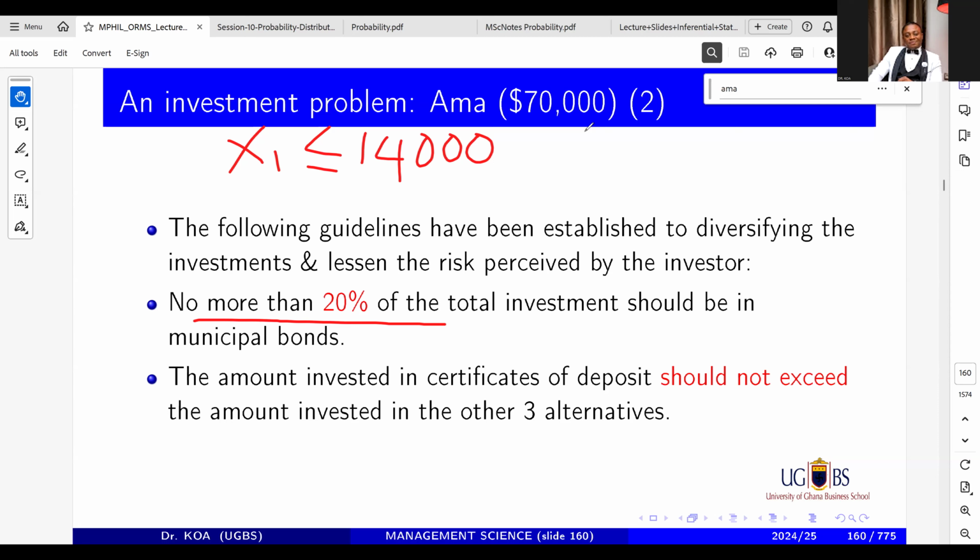Next one. The amount invested in certificate of deposit should not exceed the amount invested in the other three alternatives. What you should look for is the symbol. Which symbol is paramount in this sentence?